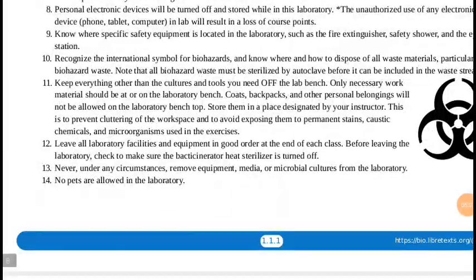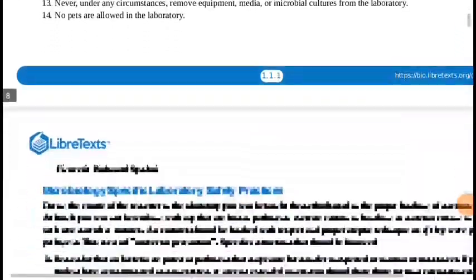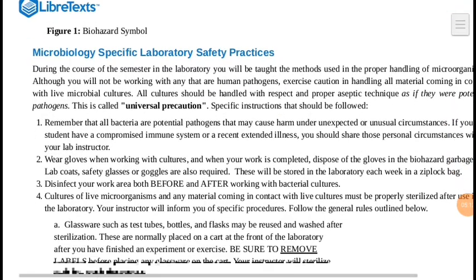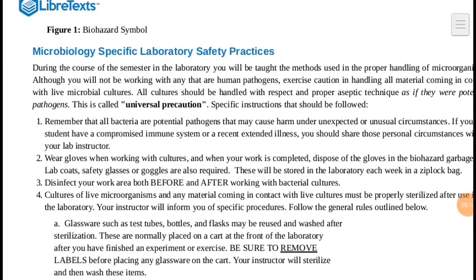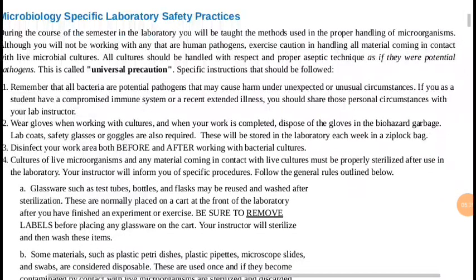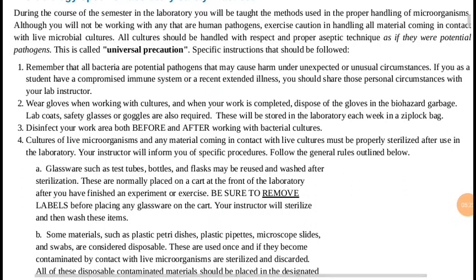Alright, so I think those are the basic ones. I want us to talk now about the specific microbiology laboratory safety practices, and here I want us to go one by one so that we can understand. What should be in the back of your head is that all bacteria are potential pathogens that may cause harm under unexpected or unusual circumstances.